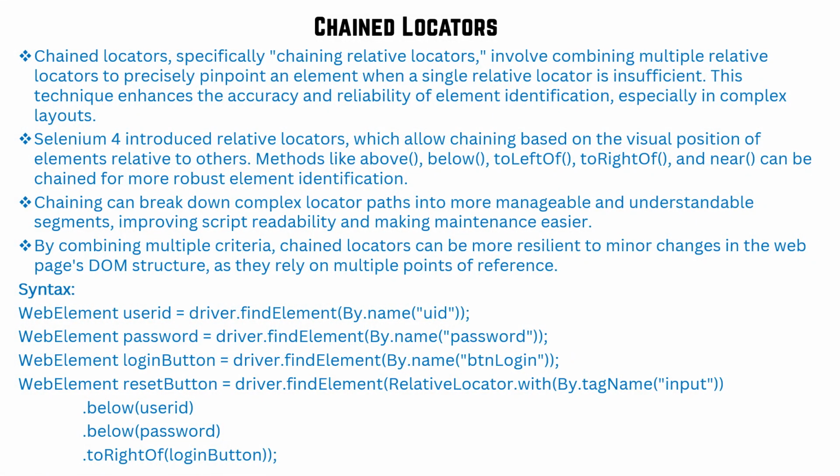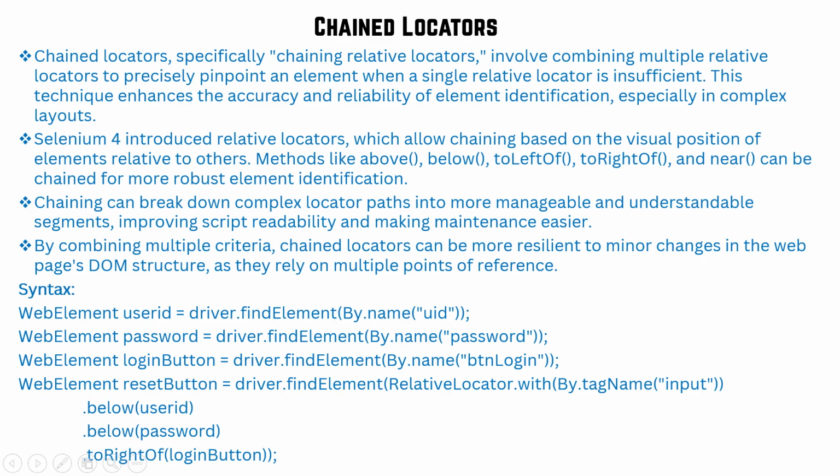Selenium 4 introduced relative locators, which allow chaining based on the visual position of the element relative to others, like above, below, toLeftOf, toRightOf, or near, which can be chained for more robust element identification. Chaining can break down complex locator paths into more manageable and understandable segments, improving script readability and making maintenance easier. By combining multiple criteria, chaining locators can be more resilient to minor changes in the web page's DOM structure as they rely on multiple points of reference.